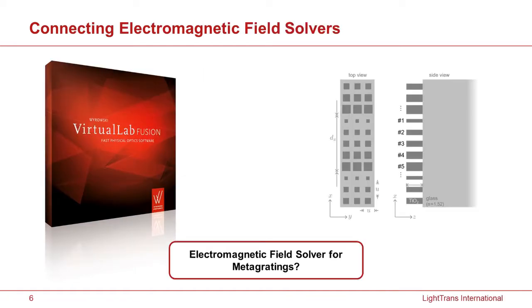Today, we're, of course, going to concentrate on metagratings, and circling back to that from this general introduction of what the software does, the first thing I would like to mention is the solver that we use in general to simulate metagrating structures, and that's going to be the Fourier modal method, FMM for short, which you might also know as rigorous coupled wave analysis, RCWA. Both terms are used in the literature and in the community.